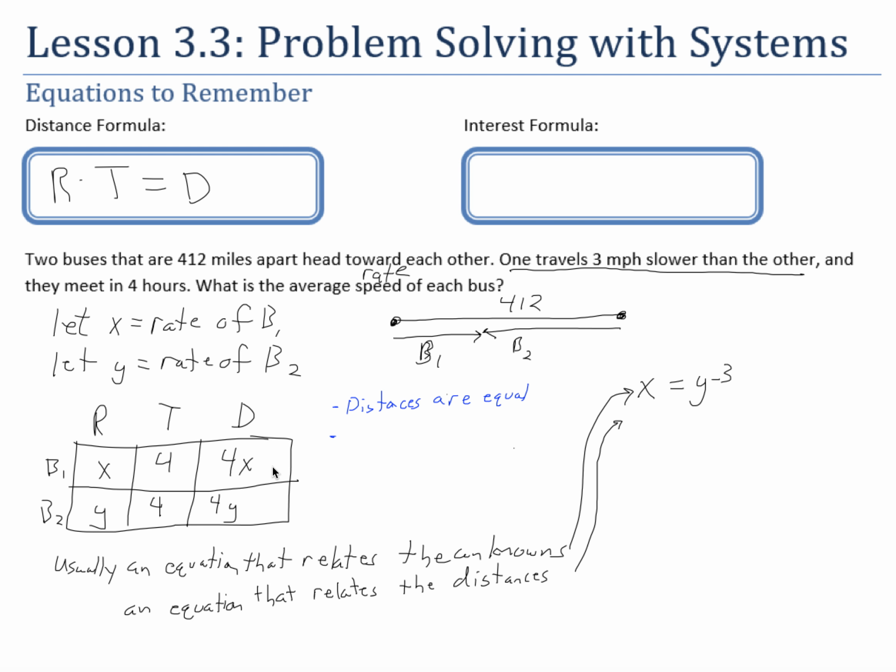Second, we said that the sum of the distances is a given amount, or something to that effect. The sum, so both the distances added together, sum equals a given number.